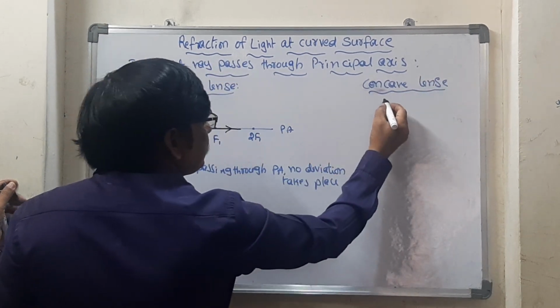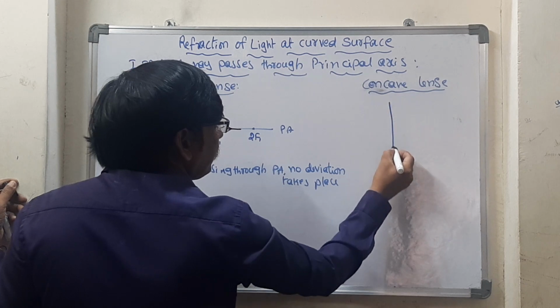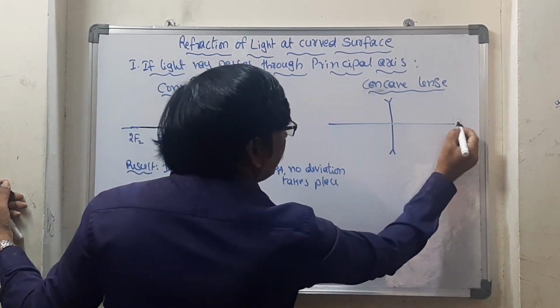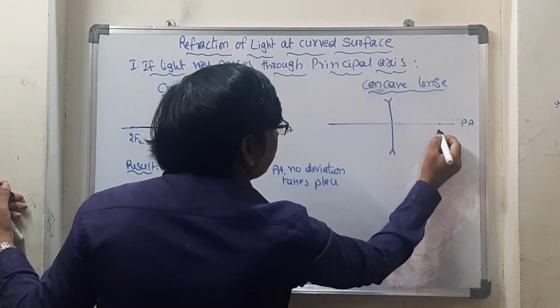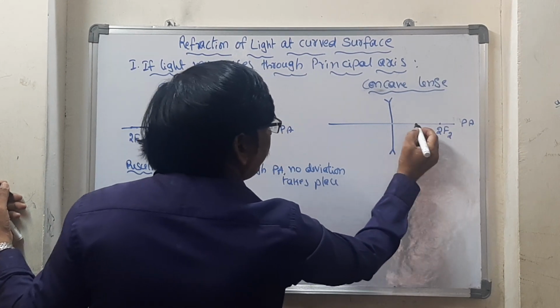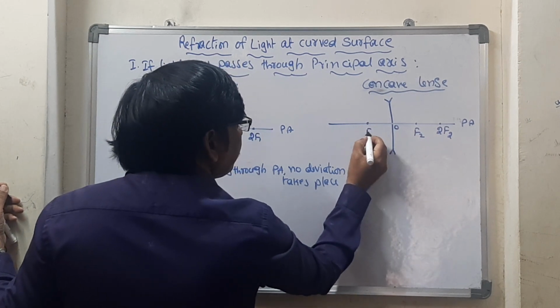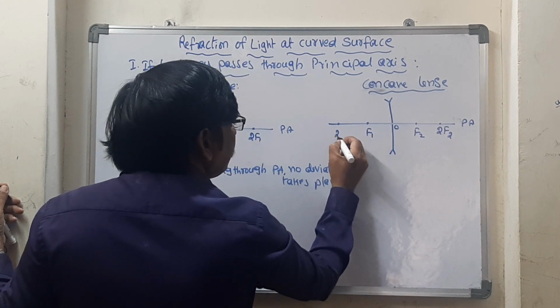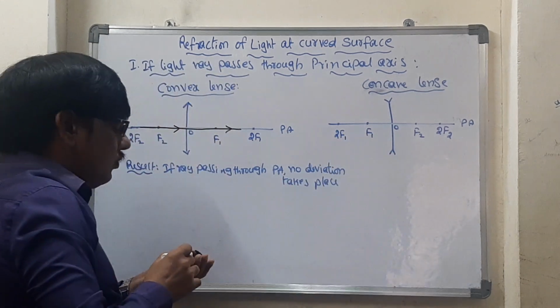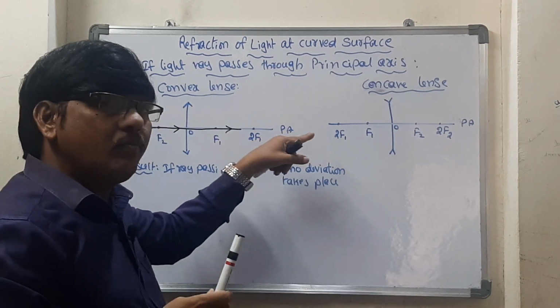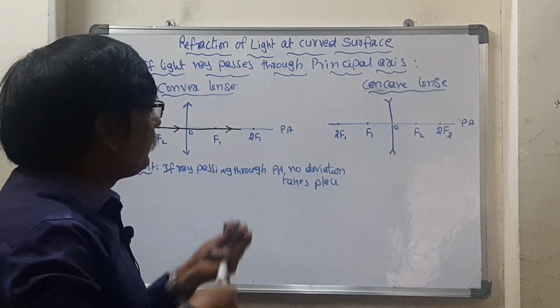First draw a concave lens, the principal axis, 2F2, F2, optic center, F1, 2F1. Now when we are drawing this, let us see how a ray passing through the principal axis will behave.